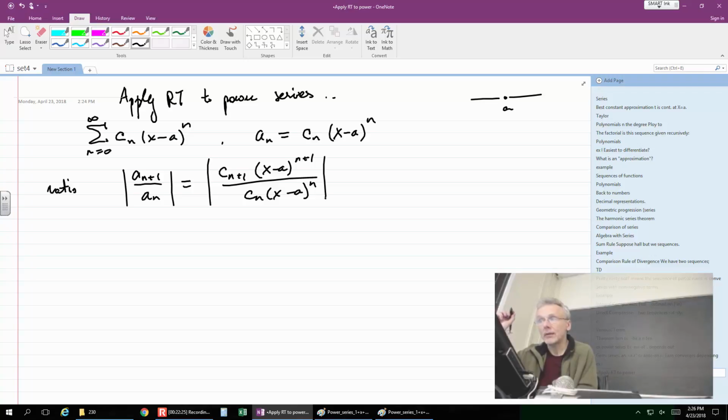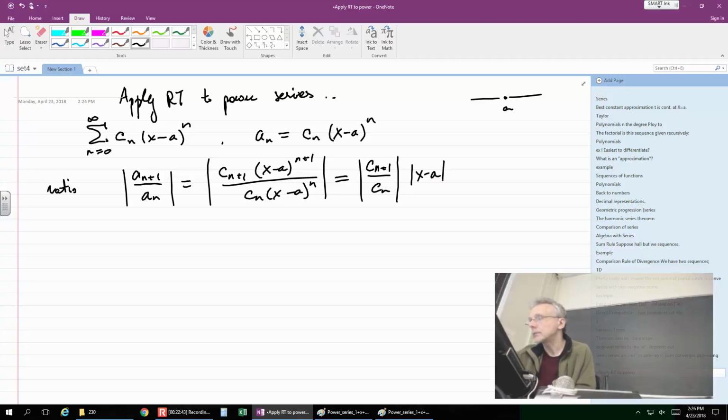We have to take the limit of this to apply the ratio test, but we simplify first, and we have simply the absolute value of C(n+1) over Cn, and just like in the last example, we cancel out the power terms, and I'm left with the absolute value of x minus a.